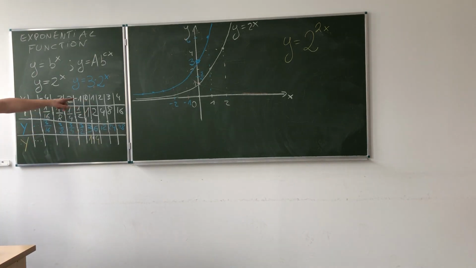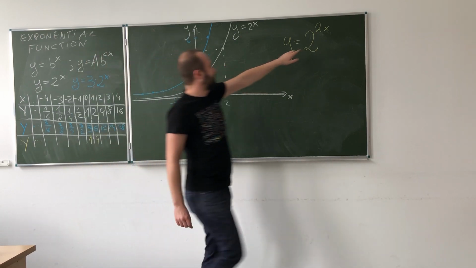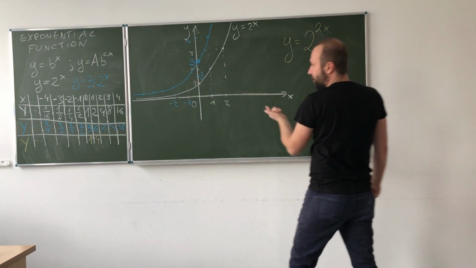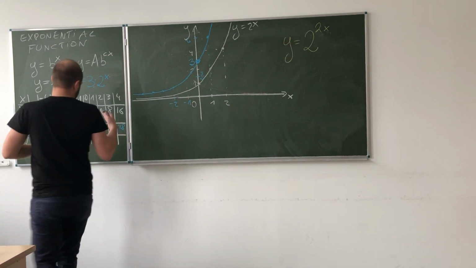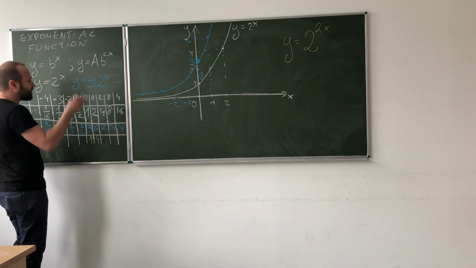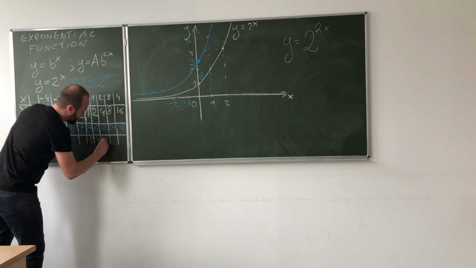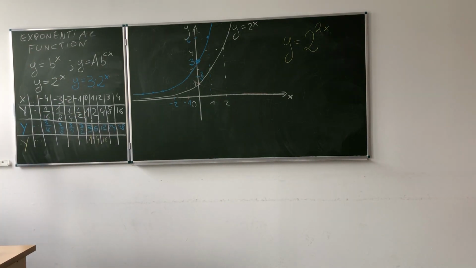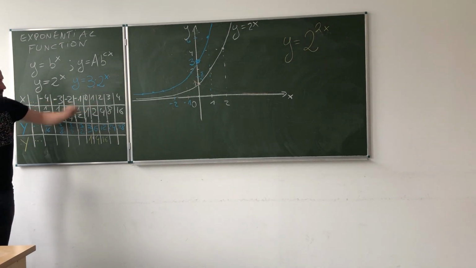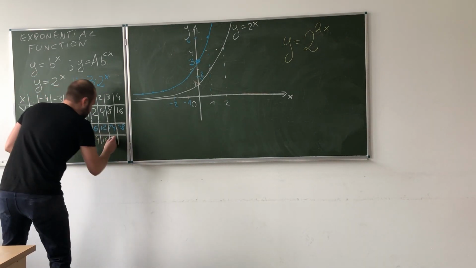And when x is 2, this turns into 4, so we have 2 to the power of 4, which gives us 16. Then with 3 we've got 2 to the power of 6.